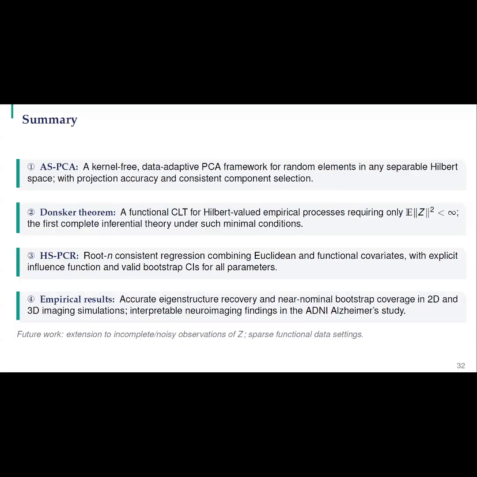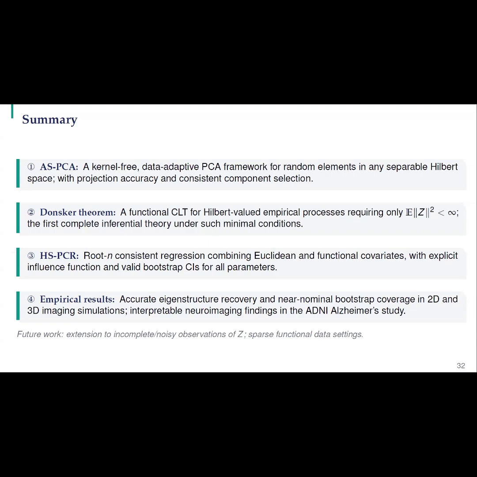We got root n consistency for the functional components as well as for the other components. And it appears to work well when we analyze data, and our data sets are much smaller than our simulations. Some things require bigger sample sizes for everything to work out, but it seems to be performing well at modest sample size.